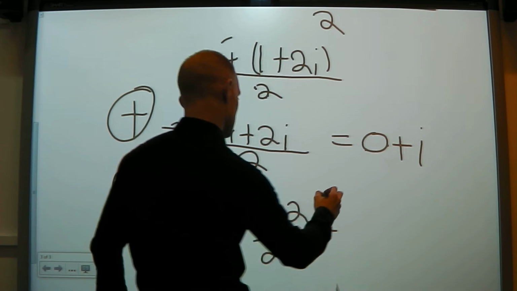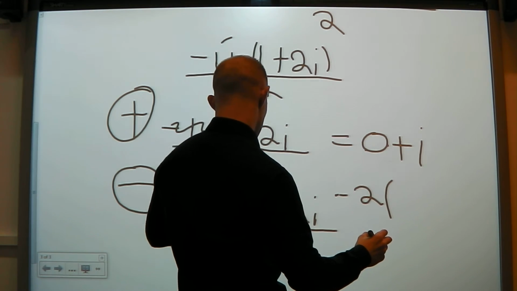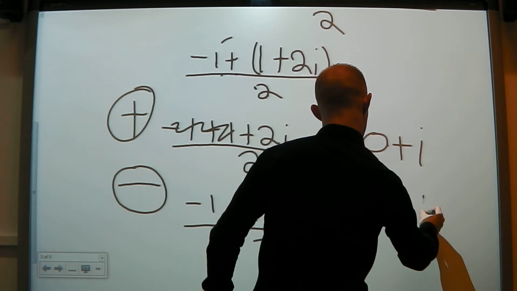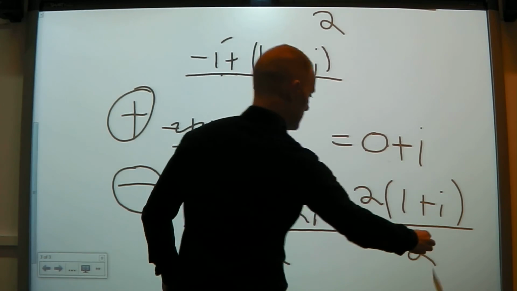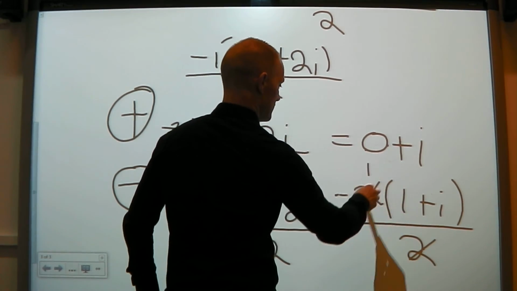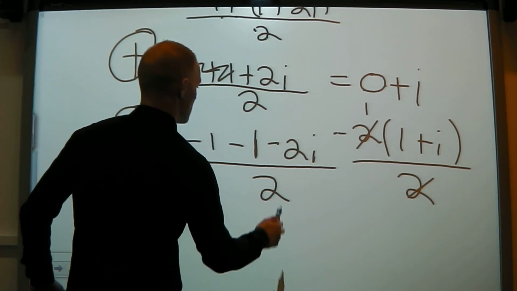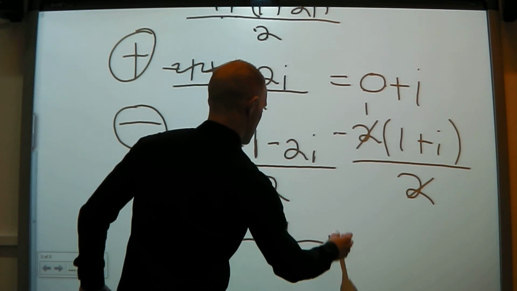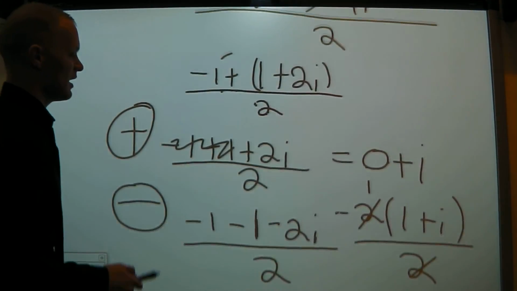You can take 2 as a factor, negative 2 into 1 plus i, all over 2, and these will divide by themselves as 1. So minus 1 minus i is your next solution. Minus 1 minus i. So there are your two solutions: minus 1 minus i and 0 plus i.